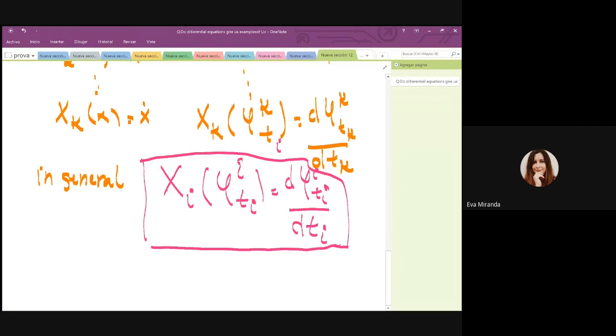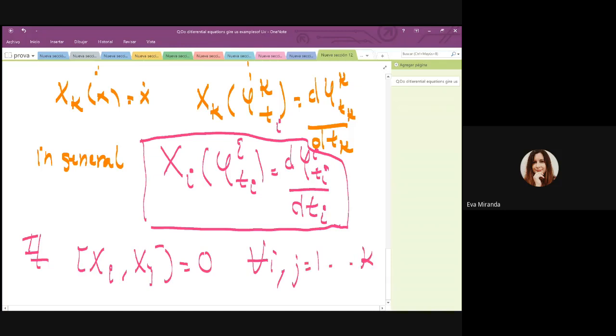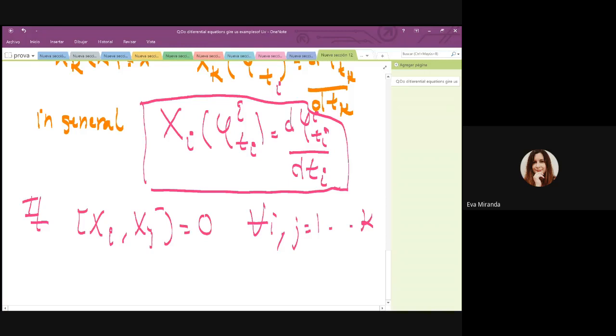And well, the ones who have been dealing with foliation theory know that if the vector fields commute, we have an interesting thing going on for all i from 1 to k. If all of them commute pairwise, then an interesting thing happens. Their flows are also going to commute. That's a property that I'm going to assume.